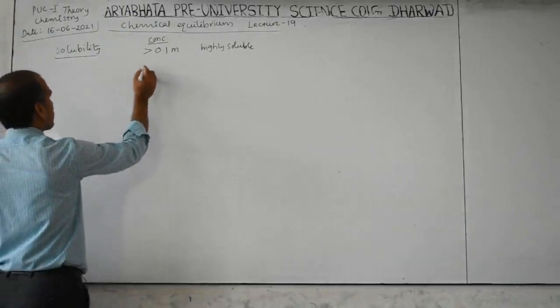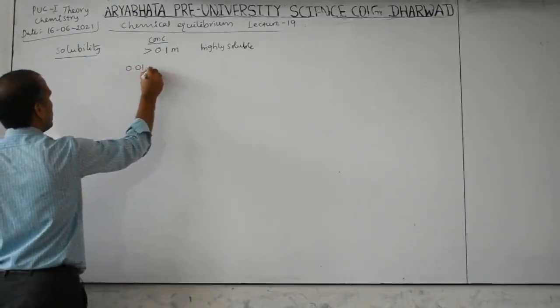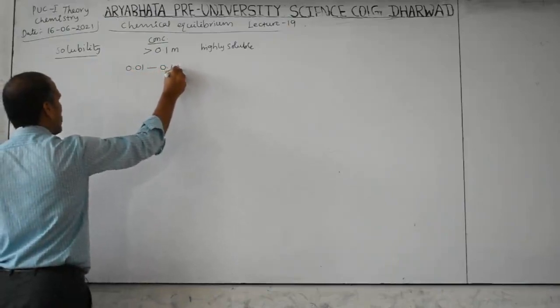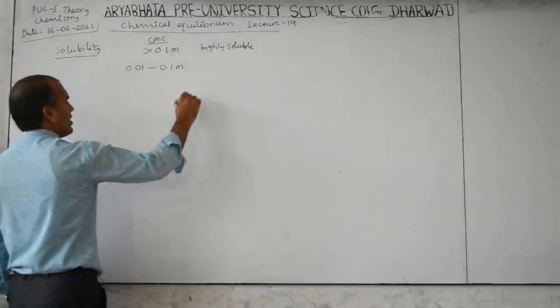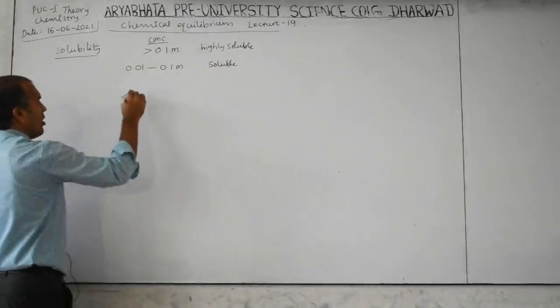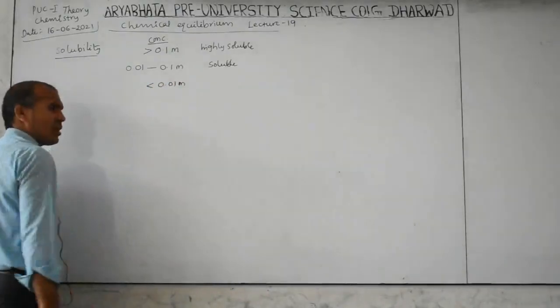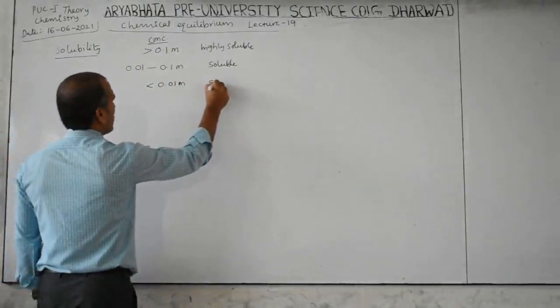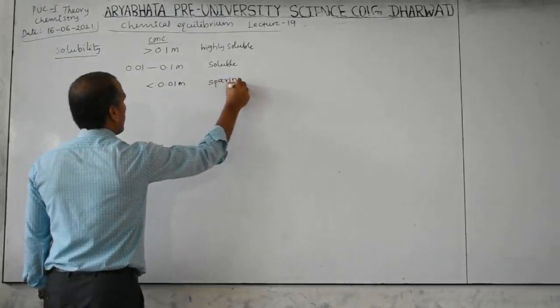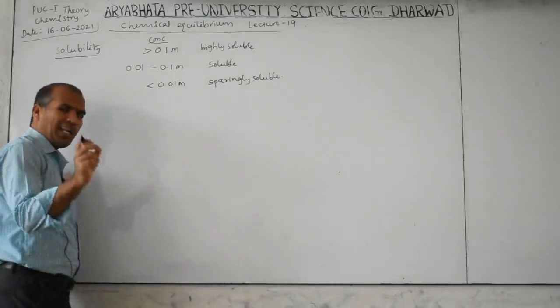If it is 0.01 to 0.1 M, this is called soluble. Less than 0.01 M concentration is called sparingly soluble, meaning very little soluble.